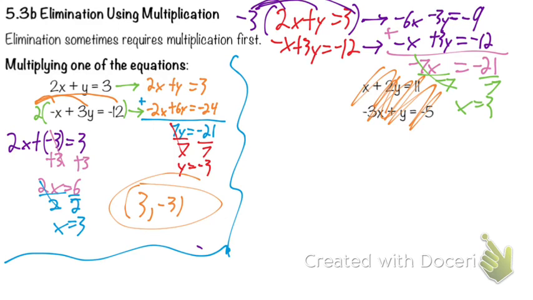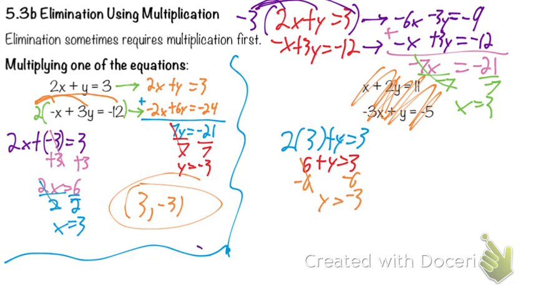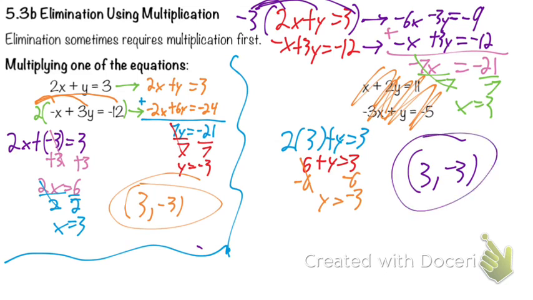Let's say we plug it in the top again. 2 times 3 plus y equals 3. 6 plus y equals 3. Subtract 6. Y is negative 3. Is that the same exact answer? 3 comma negative 3.